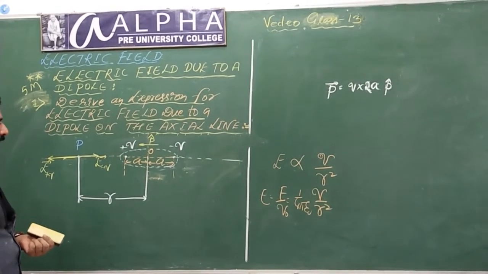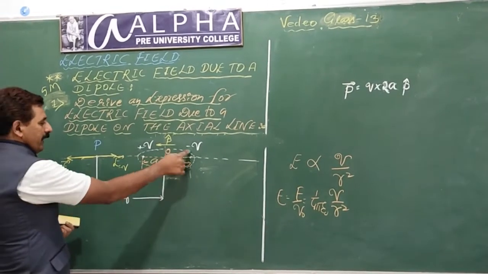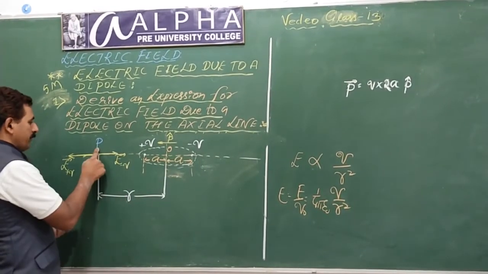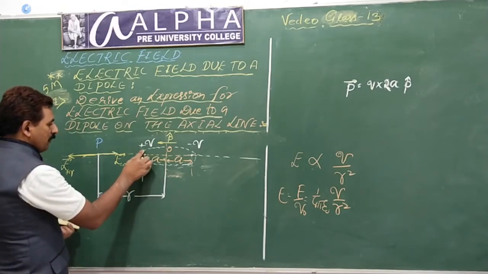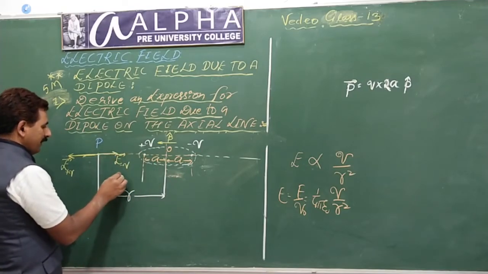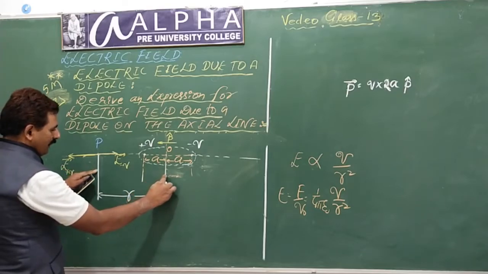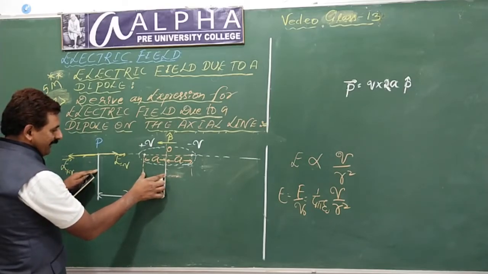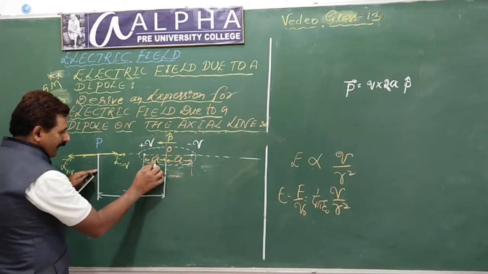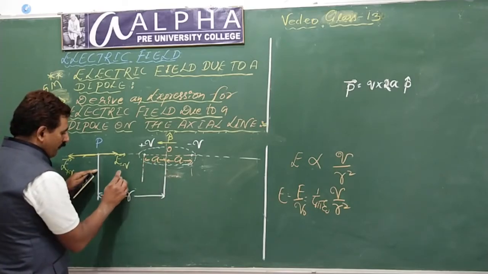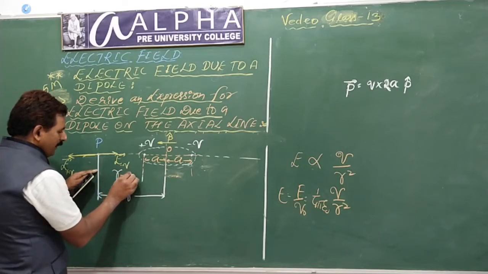If O, the center of the dipole, is at r distance from P, where you are finding the electric field, then what is the distance between plus Q and P? Yes, of course, from here to here, r. This is a. If you want this length, what do you do? Subtract a from r. Common sense. r minus a.